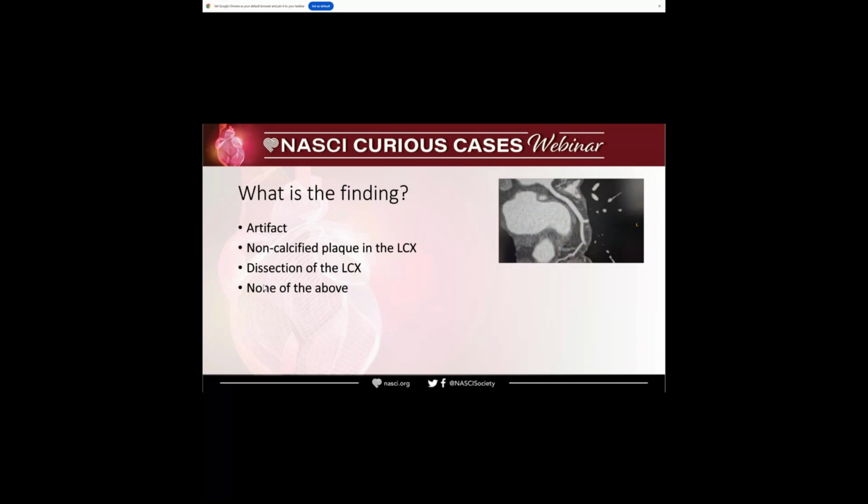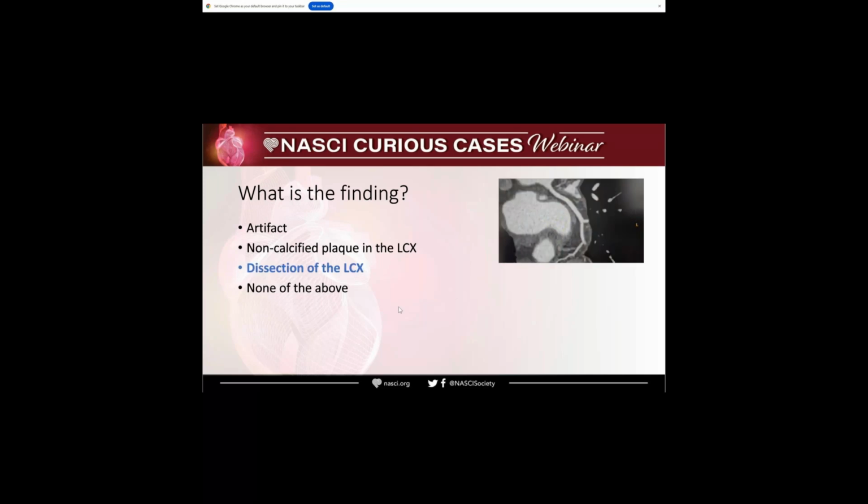Okay, so what is the finding? Anyone has a good guess? I want to say it's a dissection, but it's so subtle, and we rarely get to actually see them. It's a very subtle, and yes, it's a dissection.